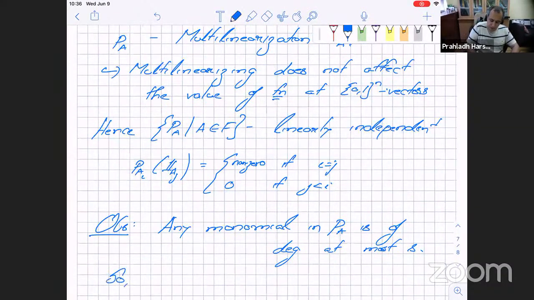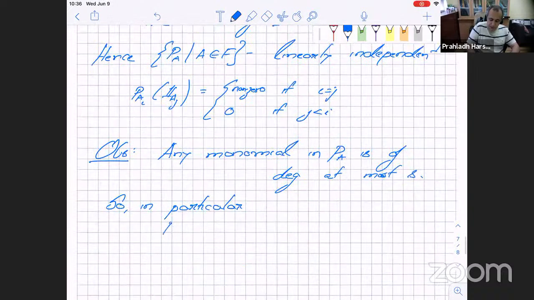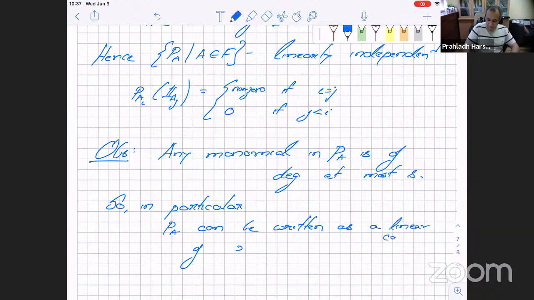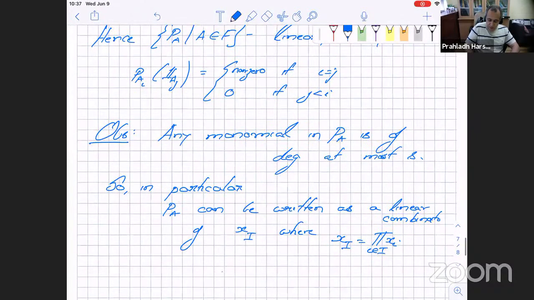So in particular, PA can be written as a linear combination of x_I, where x_I is just the product of x_i over i in I, for all I of size at most s.